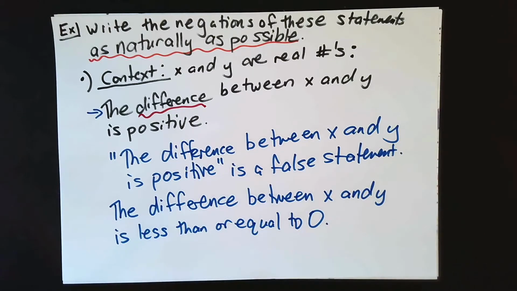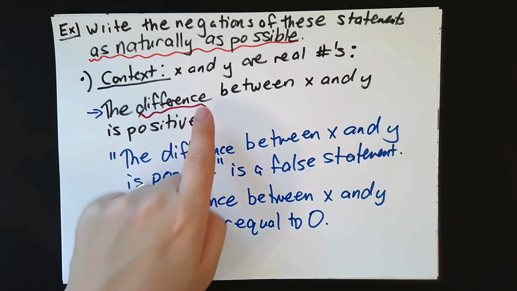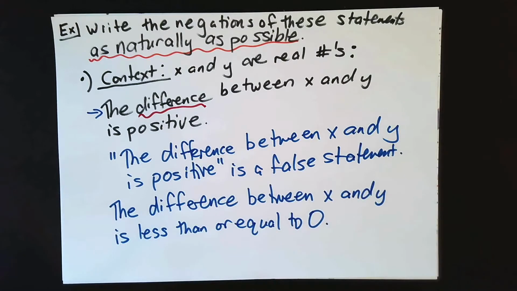And so you might be inclined to say something like, the sum of X and Y is positive. But again, you have to be super careful when thinking about negations. Negations don't have anything to do with this idea of being an opposite of something. So you're not just going to flip words unless you think carefully about exactly what flipping the words means.